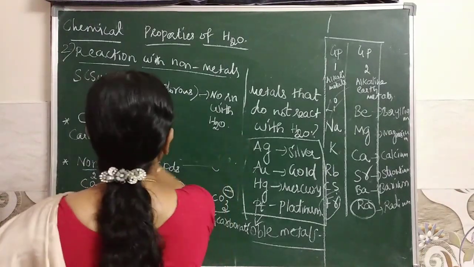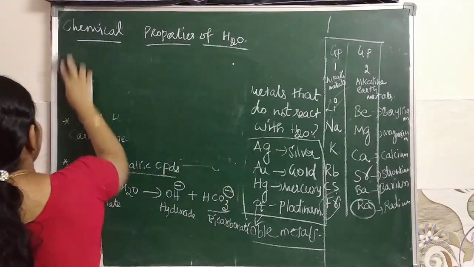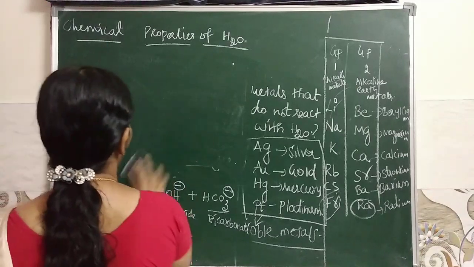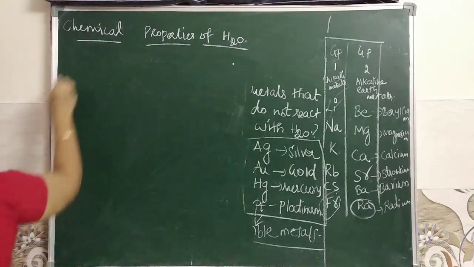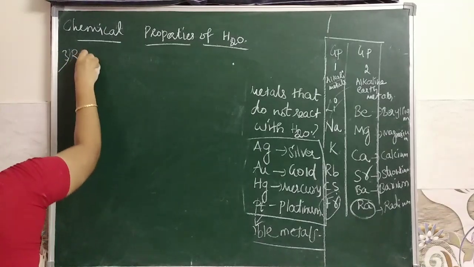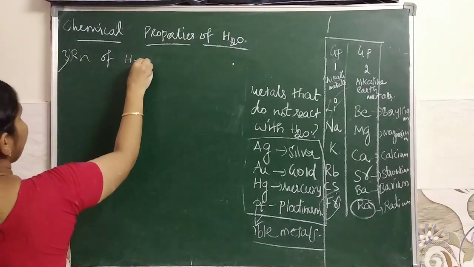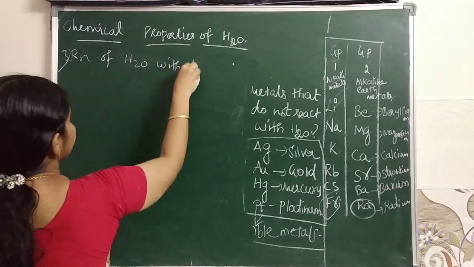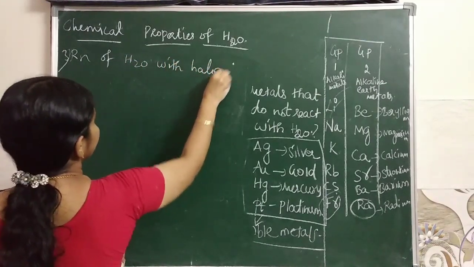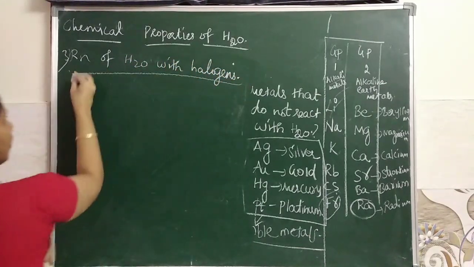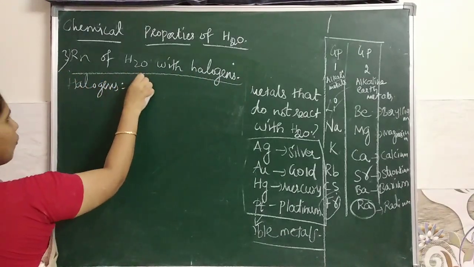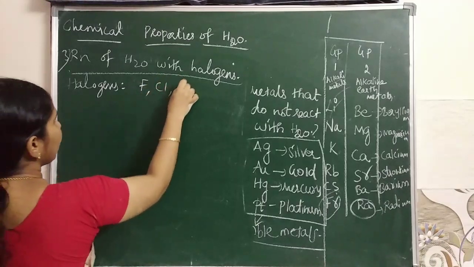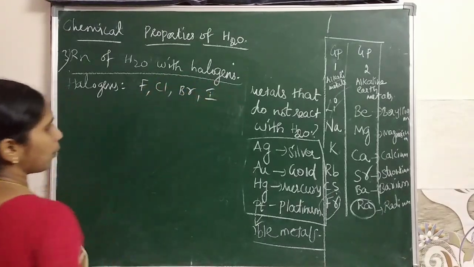Next one, reaction with halogens. Third one, reaction of water with halogens. So what are the halogens? Halogens are fluorine, chlorine, bromine and iodine. Okay?